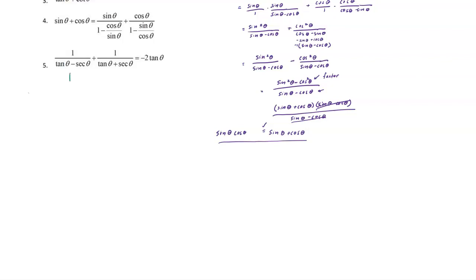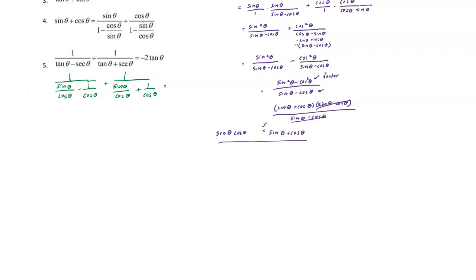And so that is going to be sine of theta over cosine of theta minus 1 over cosine of theta, plus 1 over sine of theta and cosine of theta plus 1 over cosine of theta.